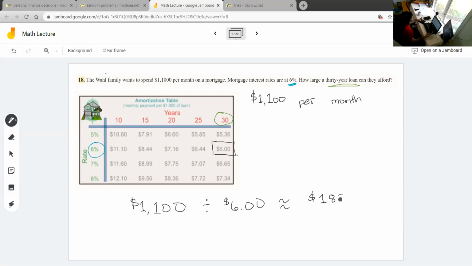Now it's actually 183.3333. I'm just going to round it though. We'll talk about this in a moment. And I'm putting dollars. I shouldn't. That's not right. So they got 183 thousands of loan. Now, no one actually writes your mortgage size as 183 thousands of loan. We write it as 183,000.